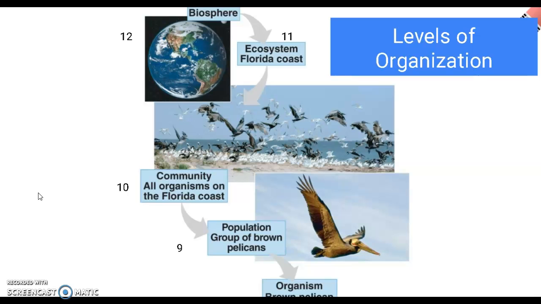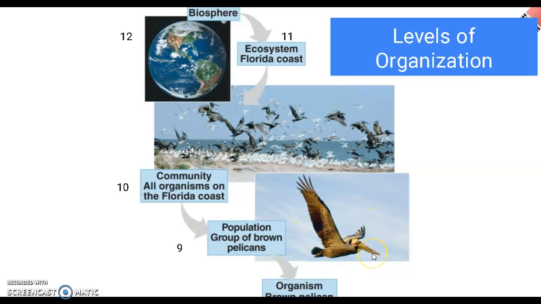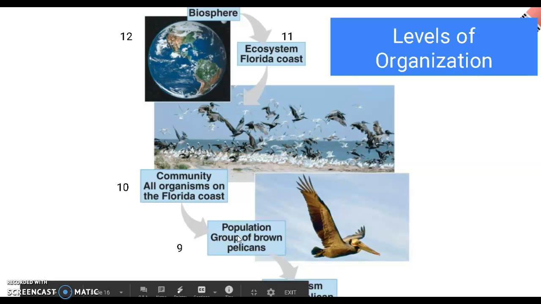And the hierarchy continues. These are the more ecological levels of organization. And we're going to start off next week talking about these levels specifically. But if we have our single organism, like this pelican, if we take all of the pelicans that live in an area, we get a population.